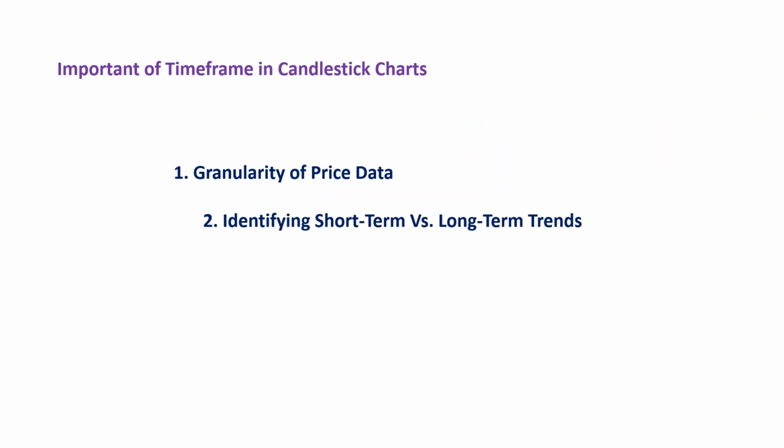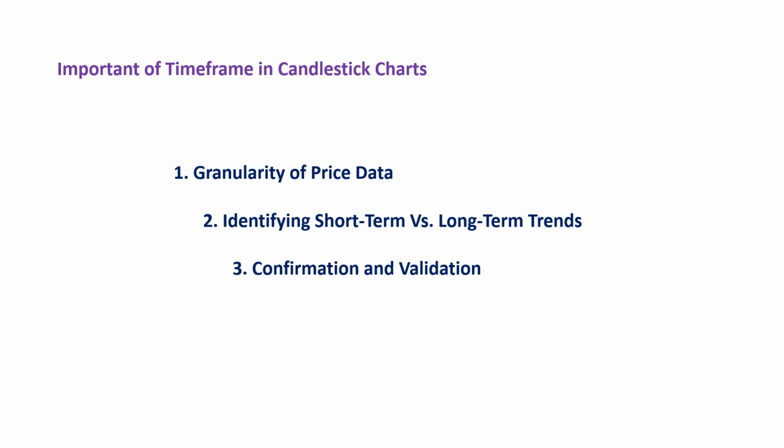Number two, identifying short-term versus long-term trends. Analyzing candlestick charts across different time frames helps traders differentiate between short-term and long-term trends. Shorter time frames reveal short-lived price movements, while longer time frames provide a clearer picture of the overall trend.